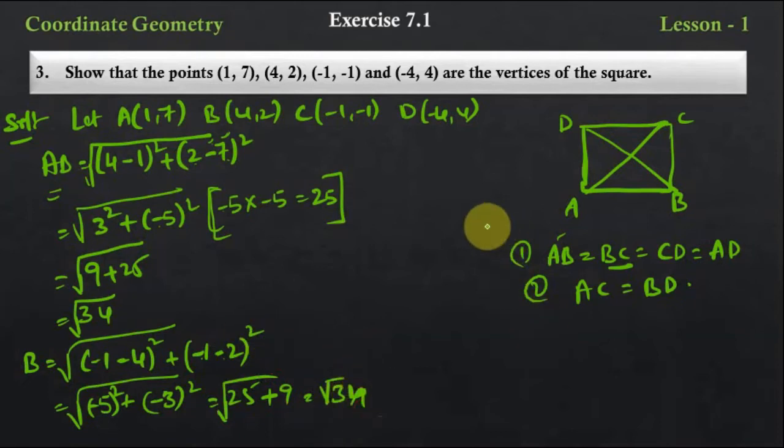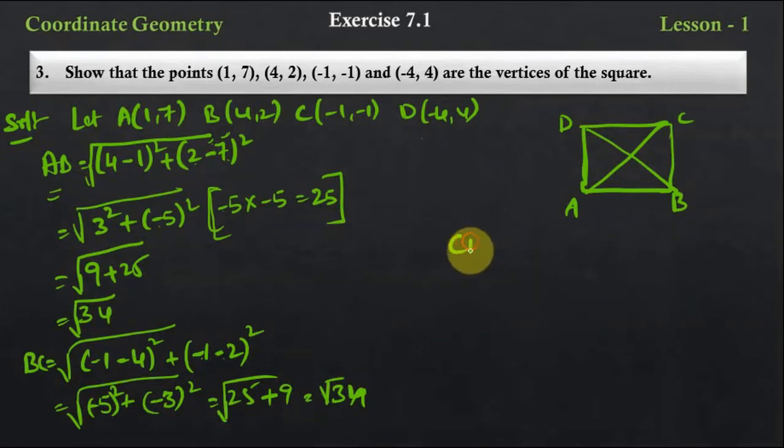Okay, now the distance CD. Right, so same formula. Here x2 is minus 4, x2 minus x1, again x1 is minus 1, therefore I have to put one more bracket here, whole square, plus y2, that is 4 minus again y1 is minus 1, so again one more bracket, whole square.